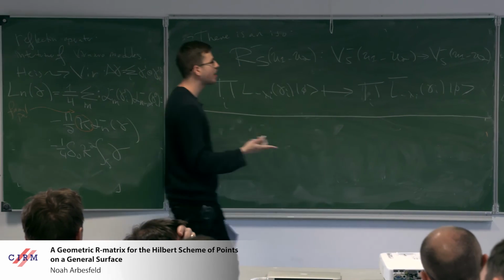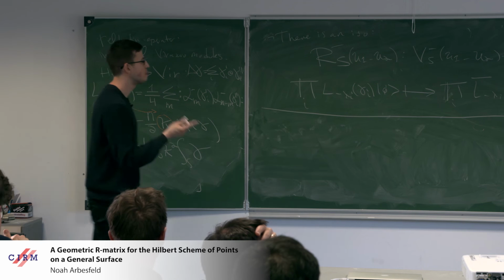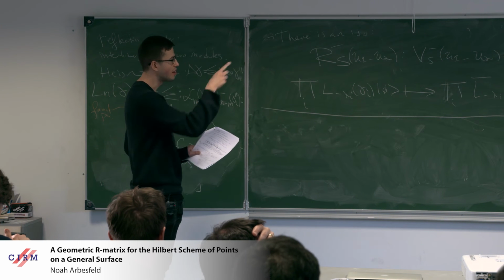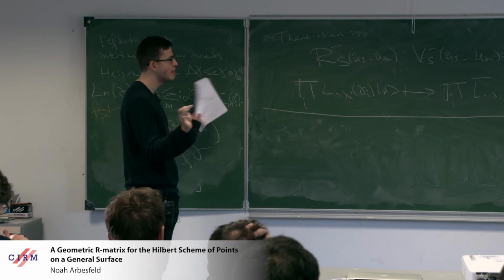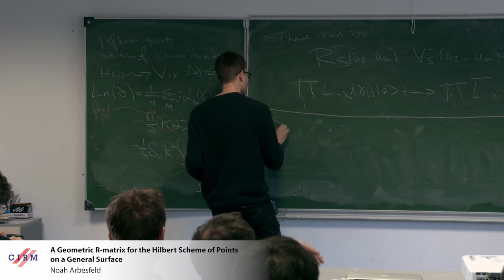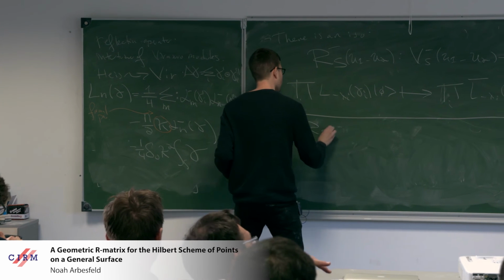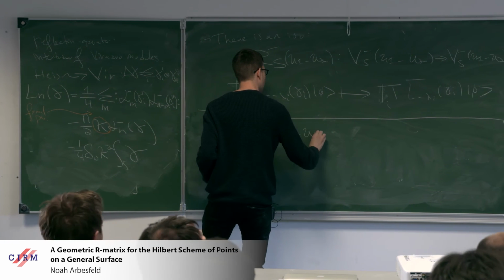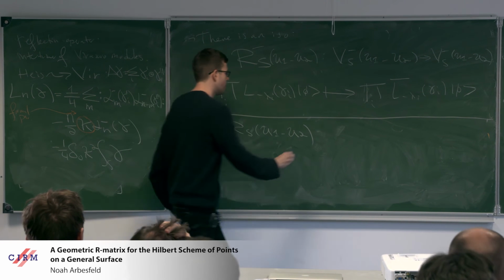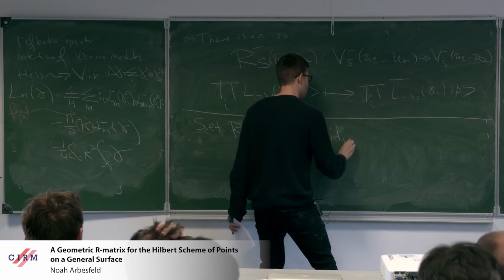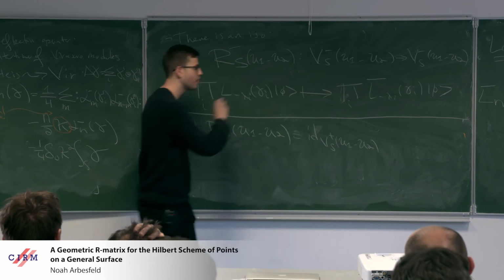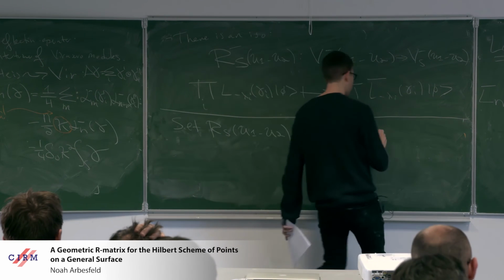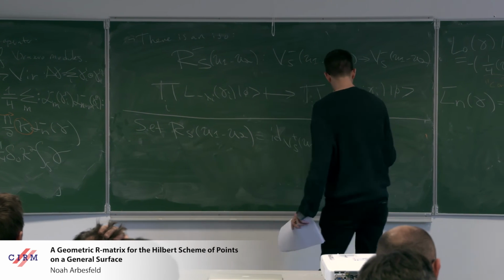And so I've said how R is going to act on the second factor. And on the first factor, I just want to mimic what happens in the C2 case. It acts trivially. So that is to say, I want to set this RS to be the identity on this first factor, and it will act by this reflection operator.